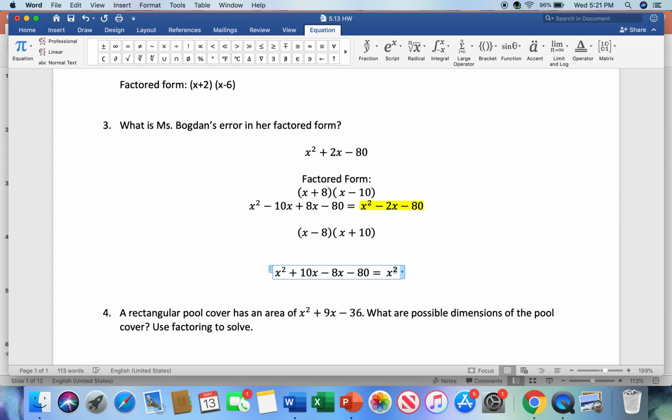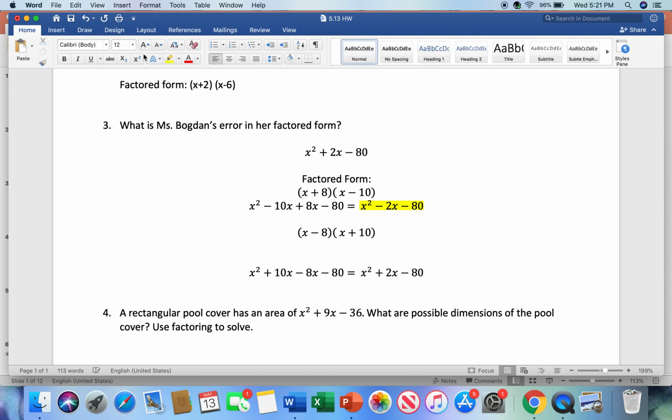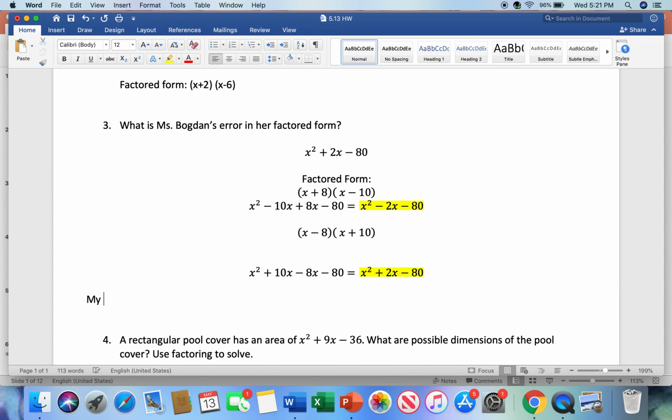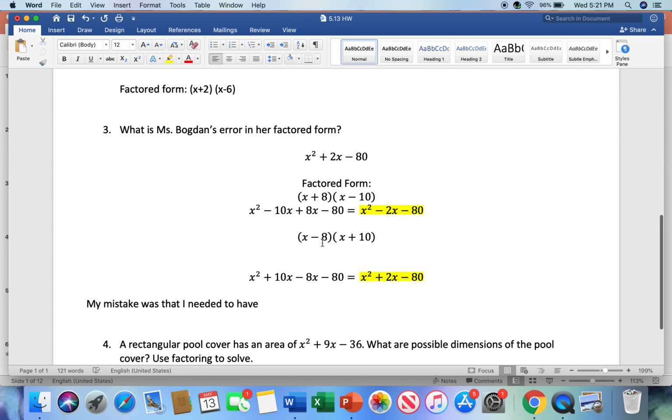Positive 10 minus 8, what does that give me? Plus 2x minus 80. So now we know. Does this now match up to what was in the original problem? Yes. So my mistake was that I needed to have x minus 8 times x plus 10.